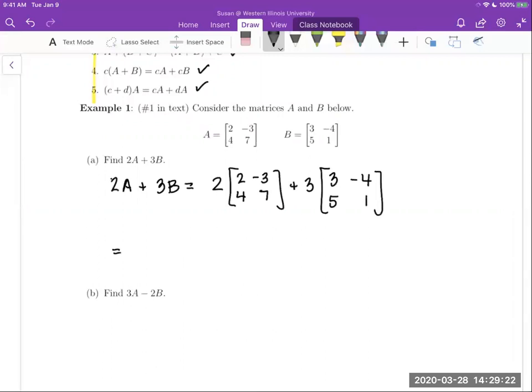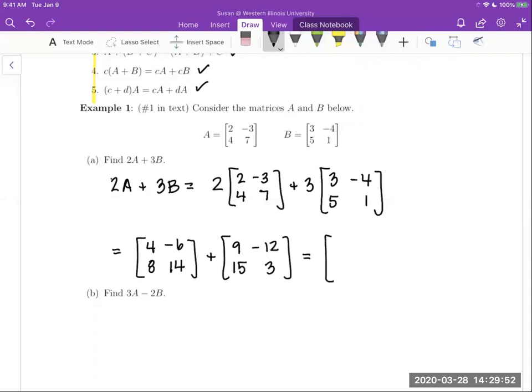And so remember, for scalar multiplication, you're just going to multiply each individual element by that scalar. So 2A becomes 4, negative 6, 8, 14. And 3B becomes 9, negative 12, 15, 3. And now we've reduced it to just a sum of 2 matrices. So we're just going to add entry-wise.